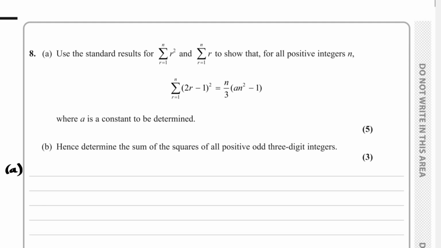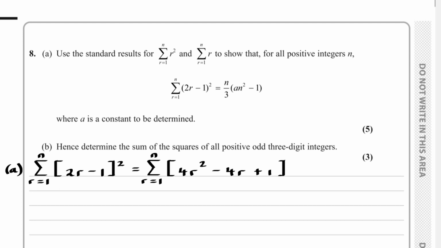So for part A, to work out the summation, we can first of all work out (2r minus 1) all squared. That means we have the summation from r equals 1 to r equals n of 4r squared subtract 4r plus 1.